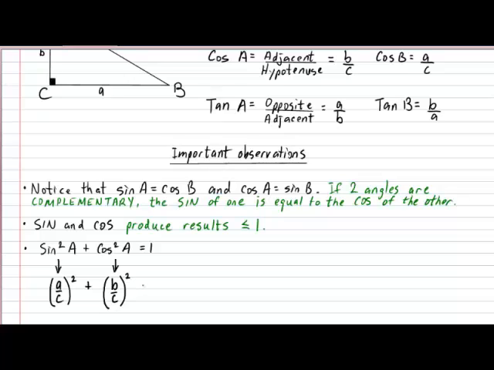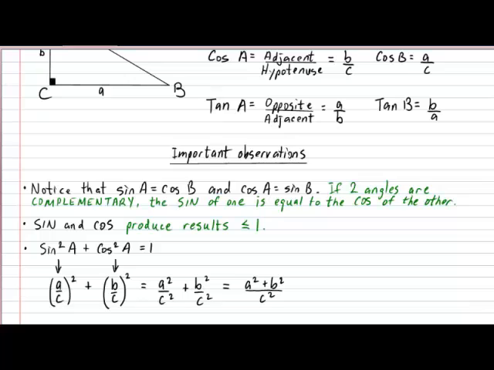Now, if we were to simplify that by distributing the exponent, we would get that that equals A squared over C squared plus B squared over C squared. To add our fractions, our denominators are already common, so all we have to do is add the numerators, giving us A squared plus B squared all over C squared.